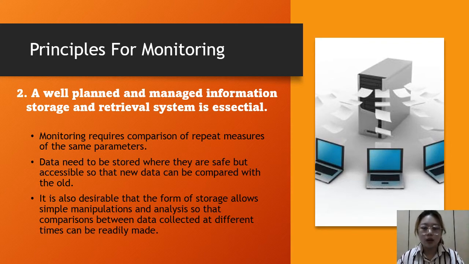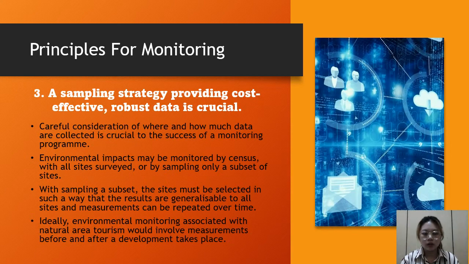manipulating and retrieving information. The third principle for monitoring is a sampling strategy providing cost-effective, robust data is crucial. The careful consideration of where and how much the data are collected is crucial to the success of a monitoring program. This must take place during the design phase.